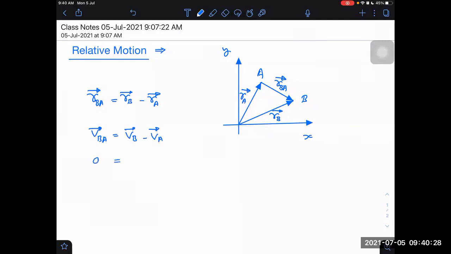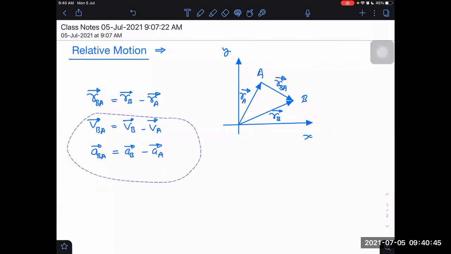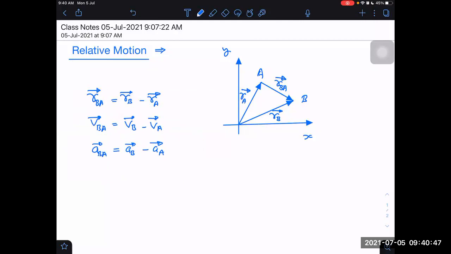Similarly, once more, if we take derivative, then we get ABA. These are the relations which we are getting, which will be useful for any relative motion problem. Relation number 1, number 2, number 3.